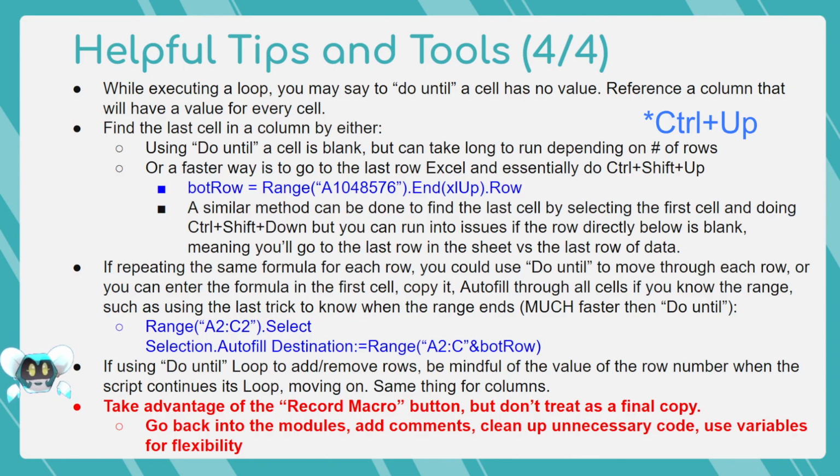So just be mindful of what that variable should be. Maybe at the end of your loop, where you normally see current row equals current row plus 1, before that you may have to subtract or add a row to make the count be correct before the loop continues on as normal.